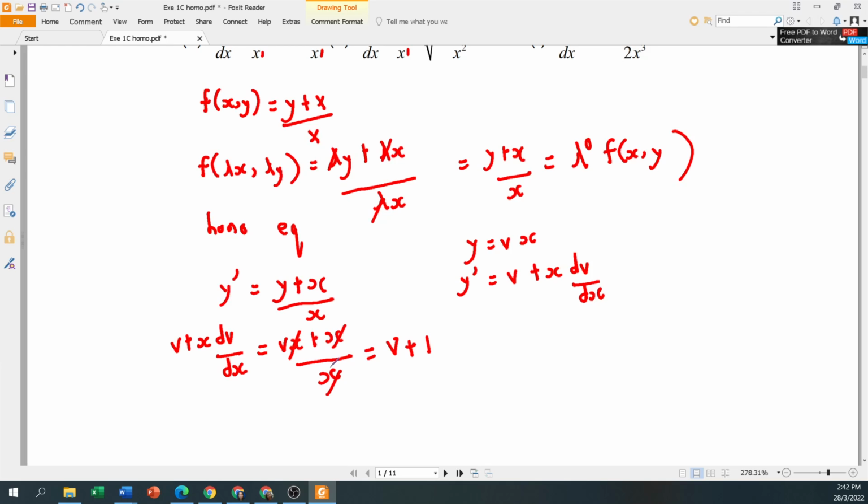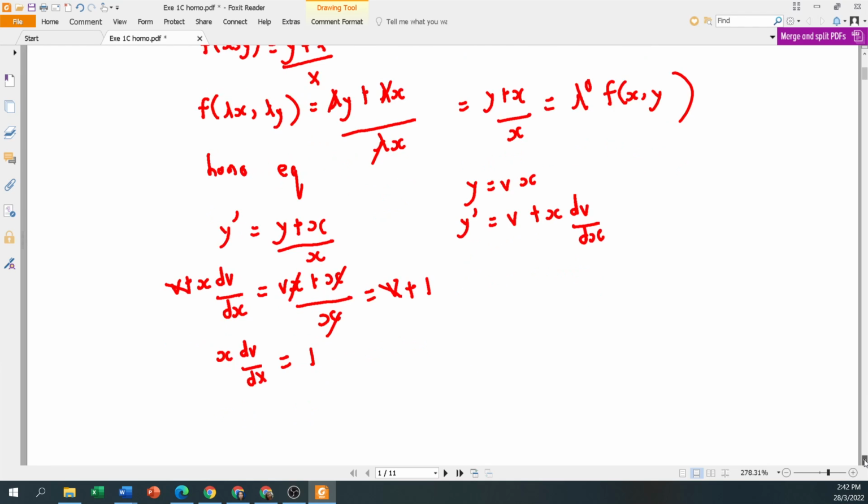v plus 1. Then x dv/dx. Left side you have v, right side you have v. So x dv/dx equal to 1. After you substitute y equal to vx and dy/dx equal to v plus x dv/dx, after simplification it becomes a separable equation in terms of v and x. You have dv equal to dx over x.